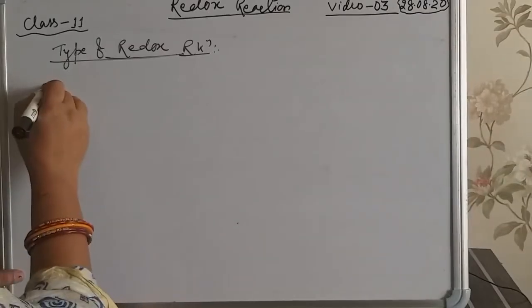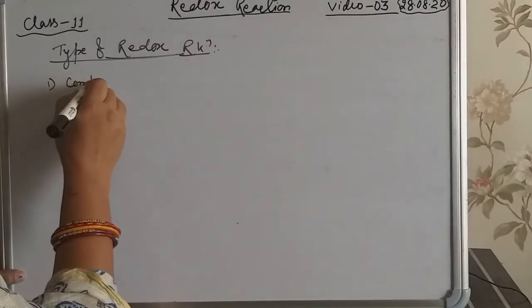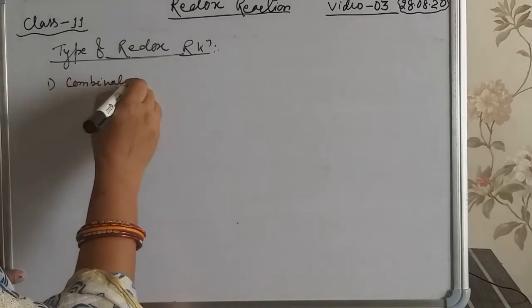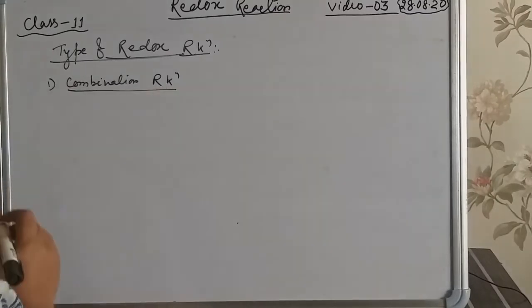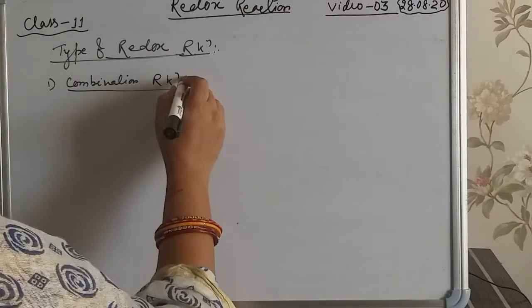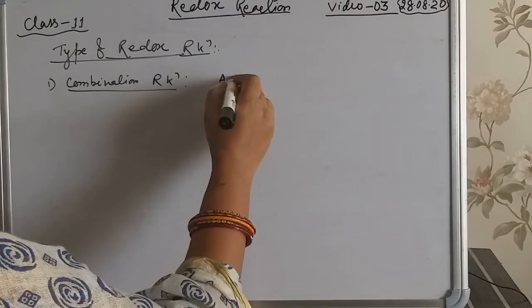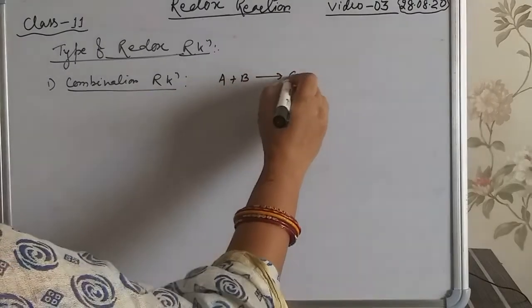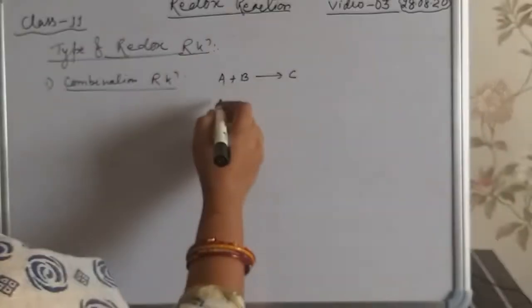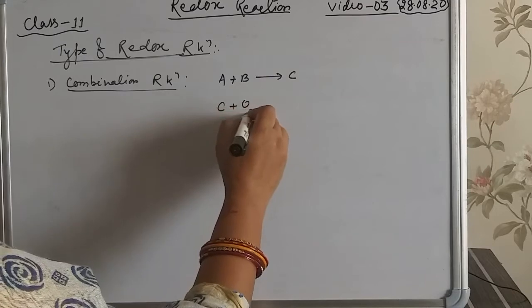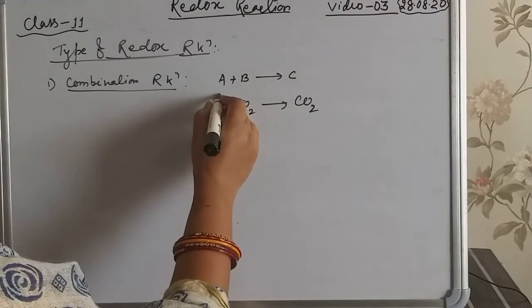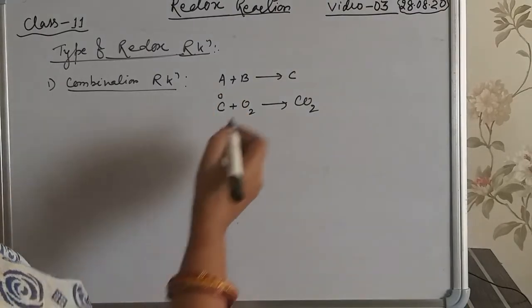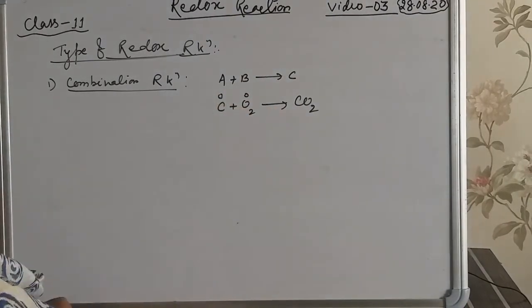At first, combination reaction. We are all familiar with this type of reaction. In class 10, we have already studied it. As we know, when two species combine to form a single species, for example carbon and oxygen form carbon dioxide. Here carbon is in zero oxidation state, oxygen is also in zero oxidation state.